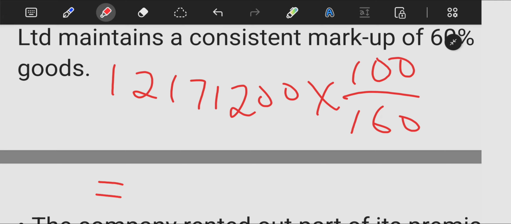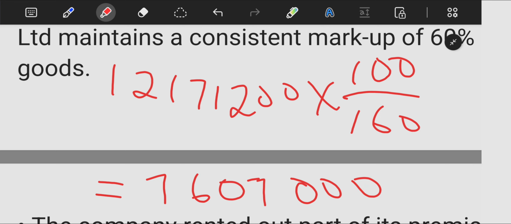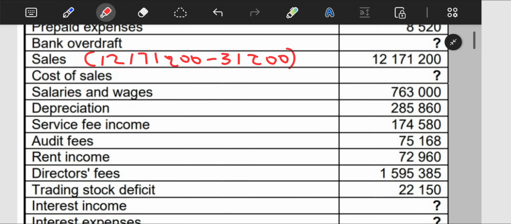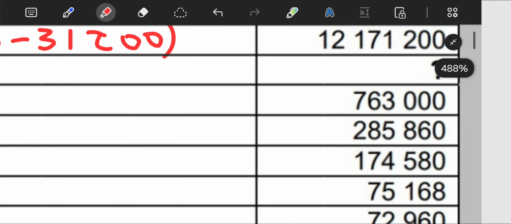And then how much do you get? 12,171,200 multiplied by 100 divided by 160. You get your 7,607,000. So literally this is the amount that is supposed to be where there is a question mark. It is the amount that is sitting here, 7,607,000.